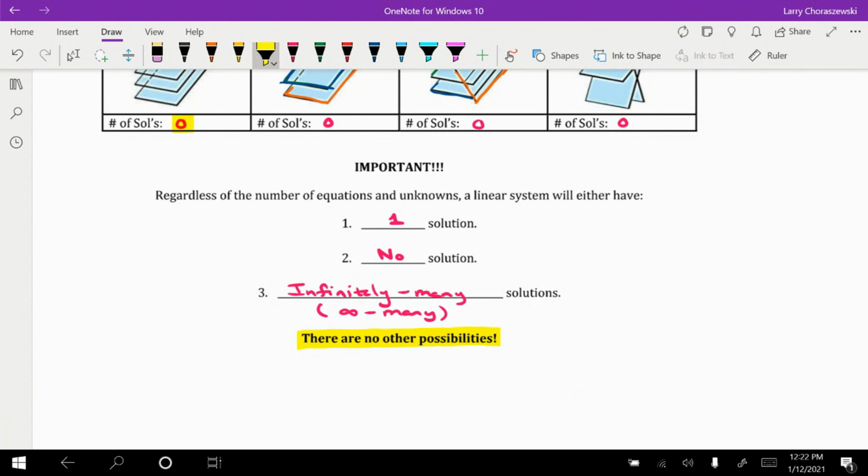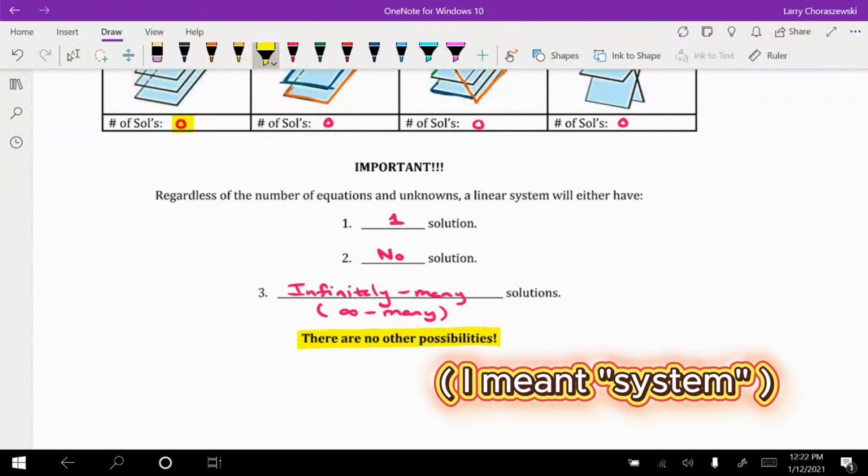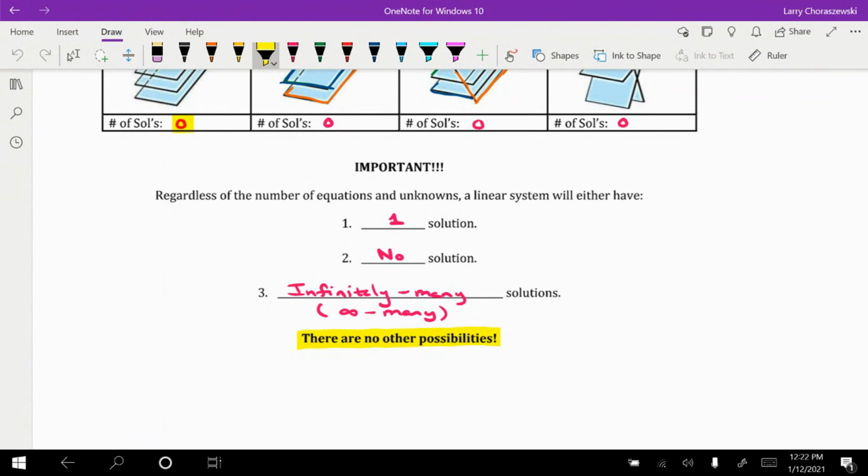So let's look at what it's not saying. This is not saying that a system can have two solutions and only those two solutions. That's not possible. If you find that a system has two solutions, I got news for you. There's actually infinitely many solutions to that system.